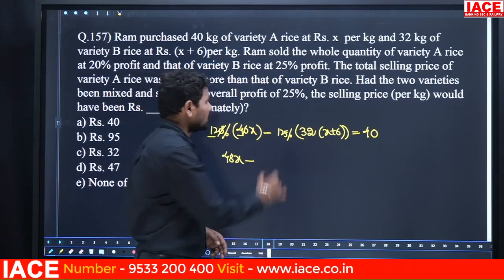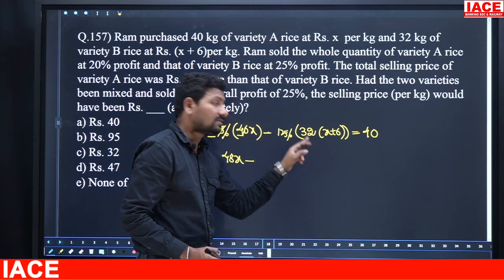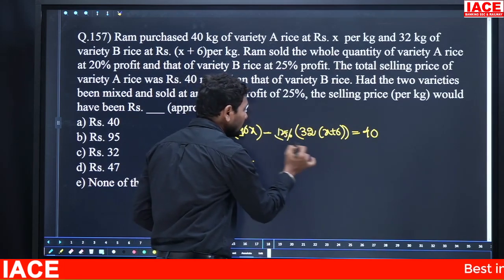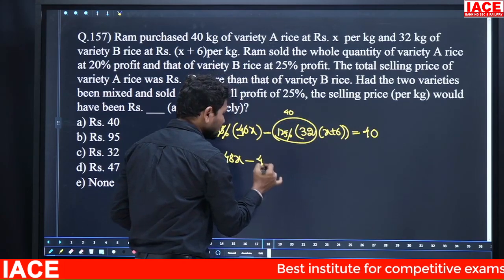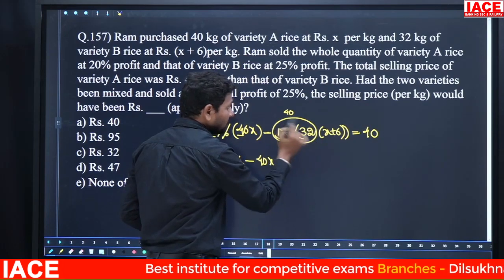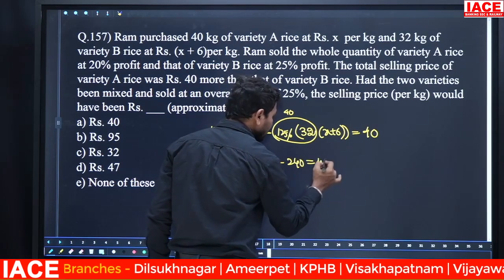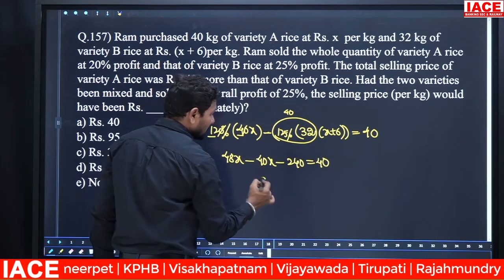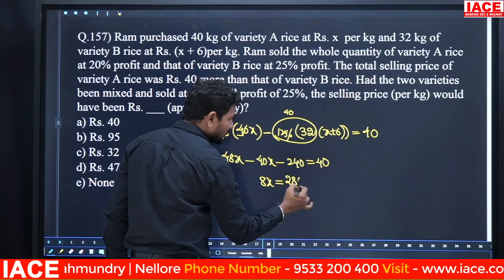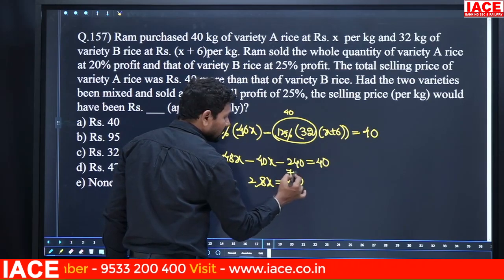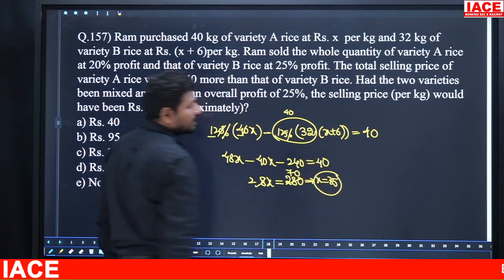Then 125% we can write as 5 by 4. 4 into 32 is 8, and 8 5s are 40. So 125% of 32 is 40. So 40 into X plus 6, which is 40x plus 240, and it is equal to 48x minus 40. 48x minus 40x is 8x, which is equal to 240 added to 40, that is 280. 4 2s are 8 and 4 7s are 28, so X is equal to 35. You got 35.